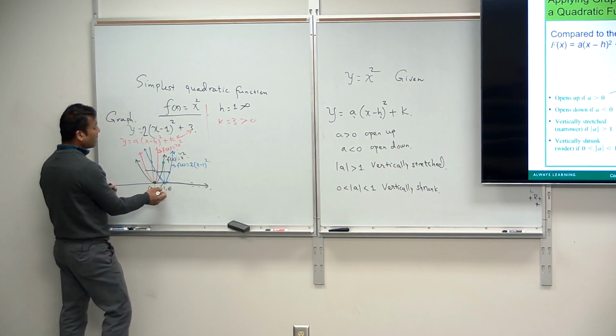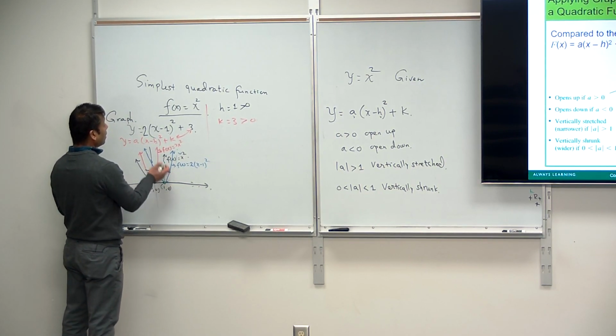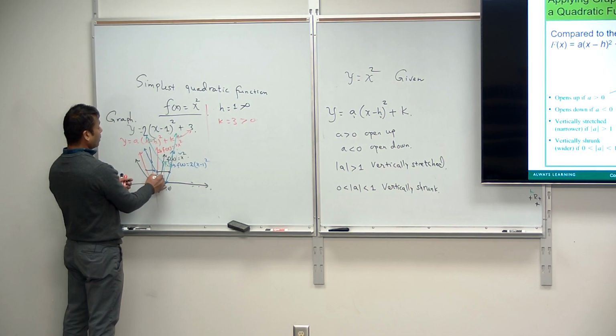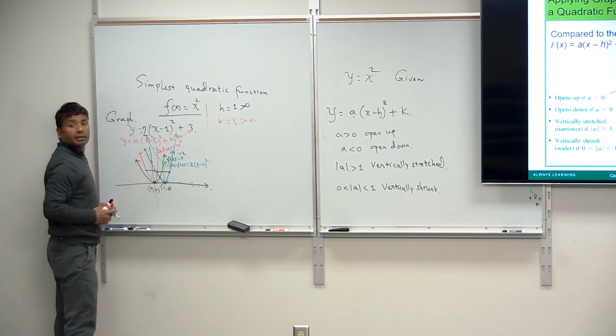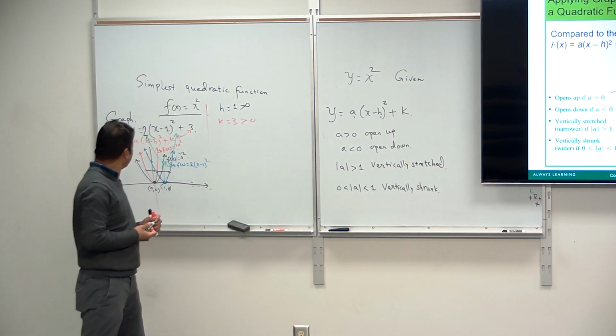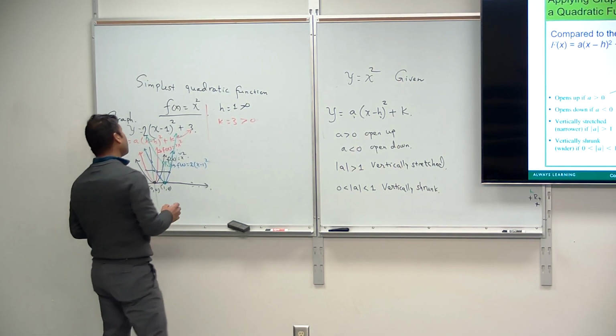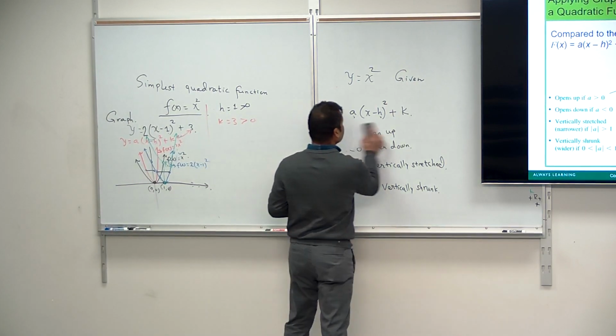So if it is 1, 0, and you shift 3 units, what will this be? What is this, guys? 1, 3. Somewhere here, which is 1, 3. And then you will have something like this. Are you guys with me? Every point of this one is shifted 3 units up. Did you see that?